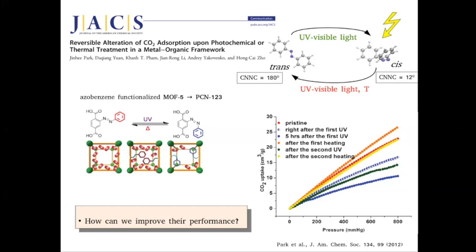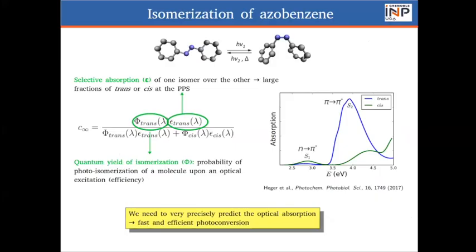I haven't put this part of our study here, but we showed, in fact, that this huge drop in absorption is due to the fact that when we are in cis, we are blocking the adsorbing site of CO2. Another thing that we found is that the larger the number of molecules that you isomerize from trans to cis, the higher is your drop.